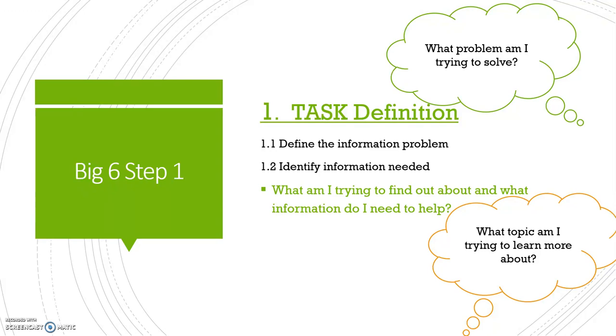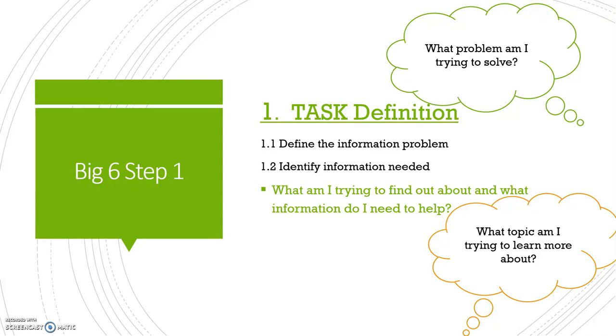So on this slide it says, what am I trying to find out about and what information do I need to help? Number 1 is a big step because it can be overwhelming not knowing where to start. But you can just start with something you're really interested in. For example, what exactly is climate change?